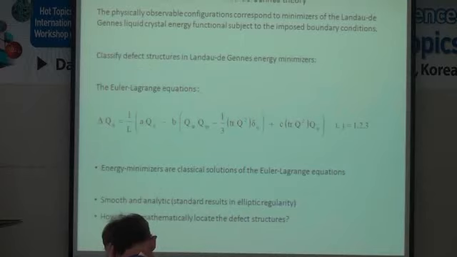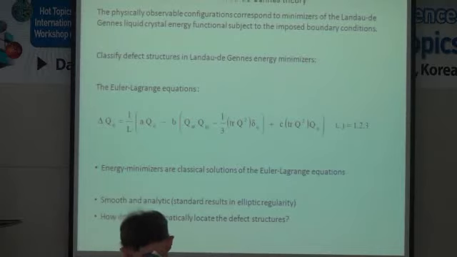So these energy minimizers, which is what we're interested in, because we want to mathematically characterize defect patterns in global or local energy minimizers, are solutions of the associated Euler-Lagrange equations. If you looked at the energy functional on the previous slide, the Euler-Lagrange equations are just a nonlinear elliptic system of 5 coupled PDEs.